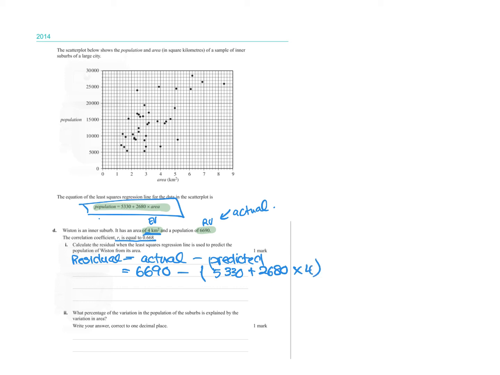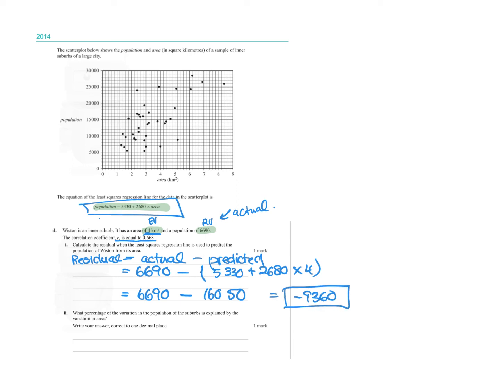So we do 4, and the predicted ends up being 16,050. So we end up with a residual of negative 9360. That was the answer.